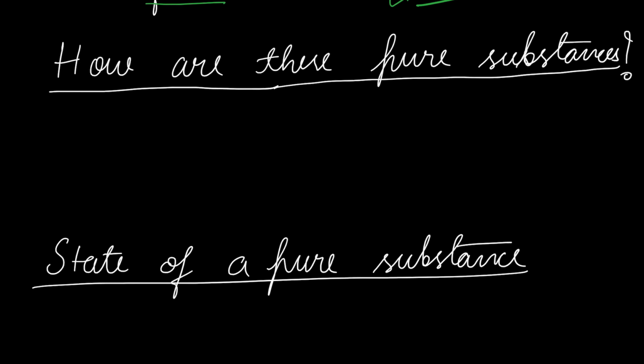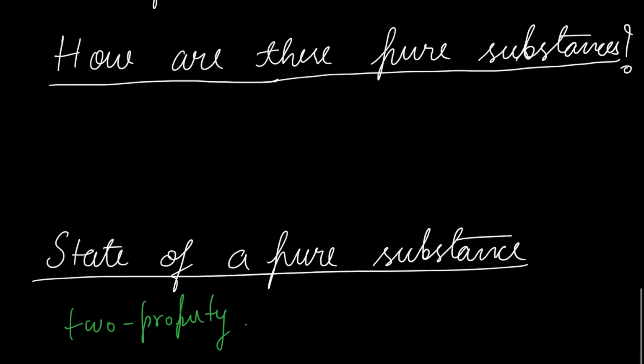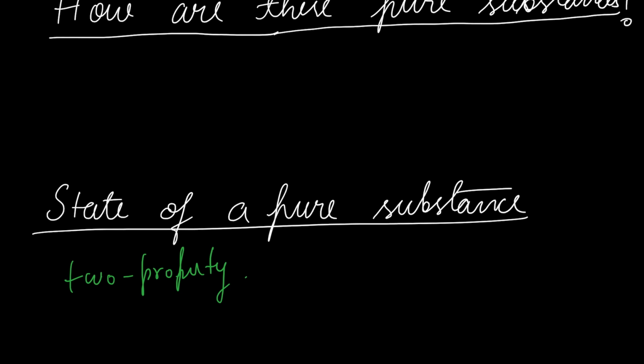And this thing is known as the two property rule. So we'll try to understand what this is. So when I say, hey, what's the state of a pure substance? You just need two thermodynamic properties to define the state of a pure substance.